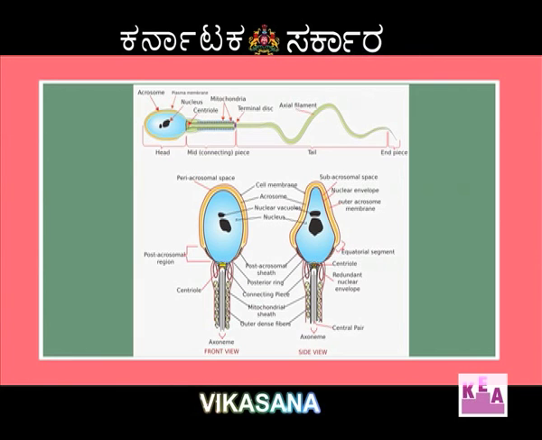Then in the neck region of the human sperm you can find two centrioles, the proximal centriole and the distal centriole. Then the middle piece is restricted to only the presence of a number of spirally arranged mitochondria, called the Nebenkern.